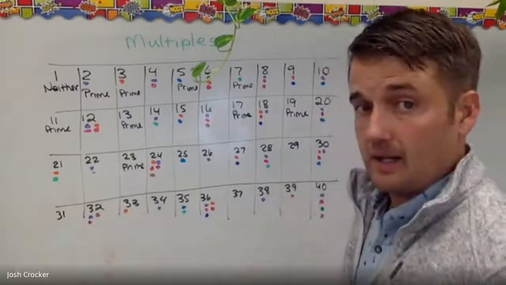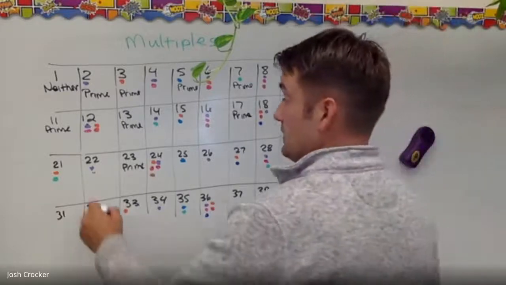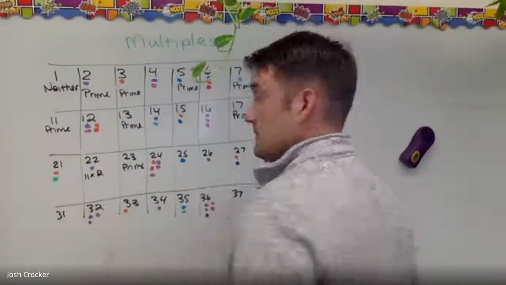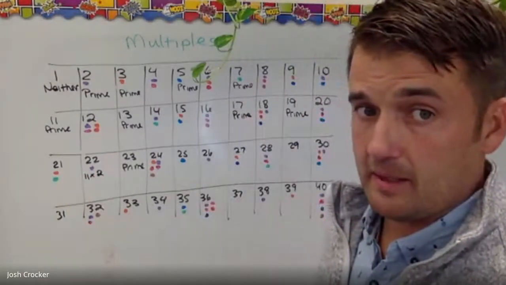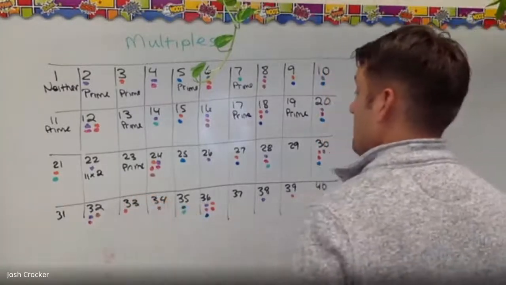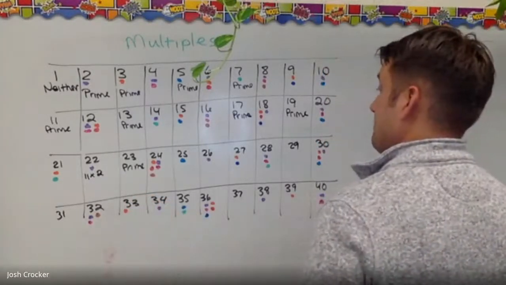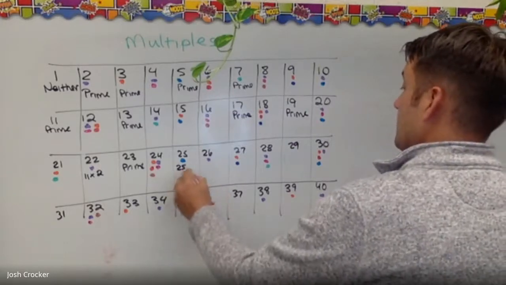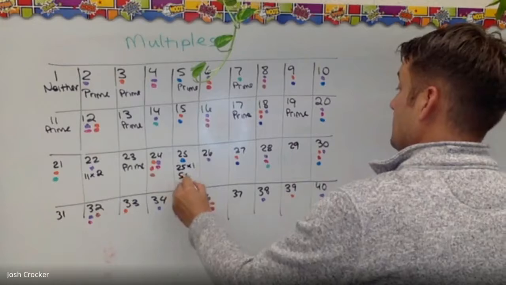22 only has 1 dot, but I know that I can make 22 by doing 11 times 2. Okay, so that's why it's not prime. It's composite. 25, I can do 25 times 1, and I can do 5 times 5.